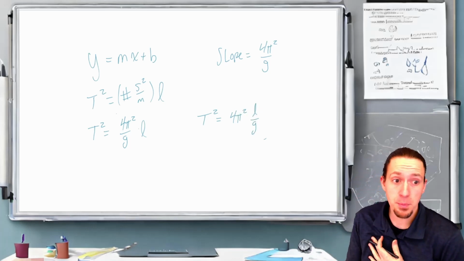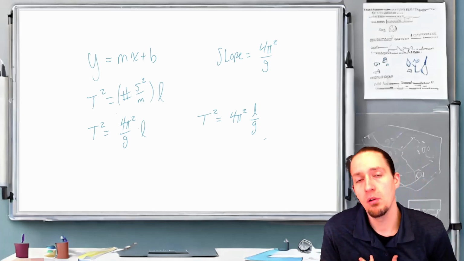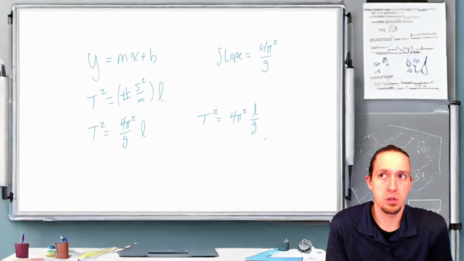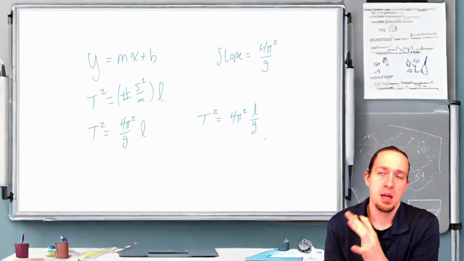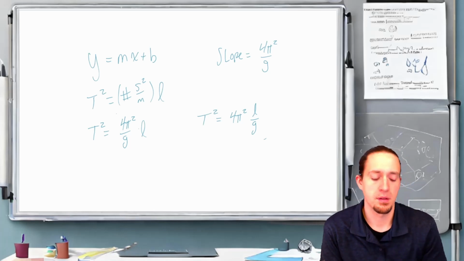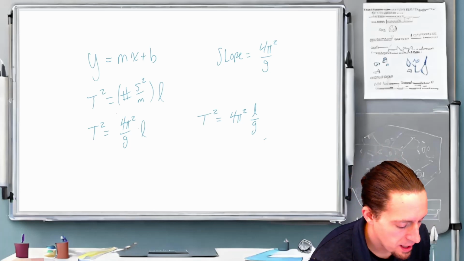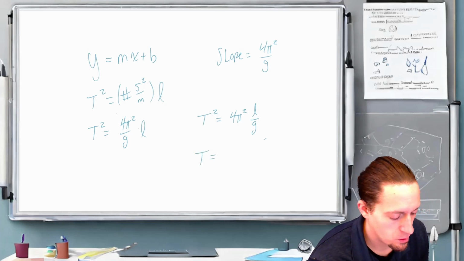And now I would actually be happy with this. But in general, for equations, we don't like the leading variable to have any sort of modifiers on them, squares or square roots or anything like that. So what we're going to do is square root both sides of this equation. If we do that, we will get period equals, and again, we'll have to square root all the things.